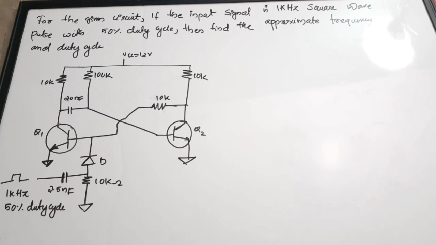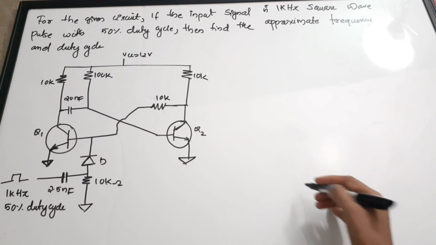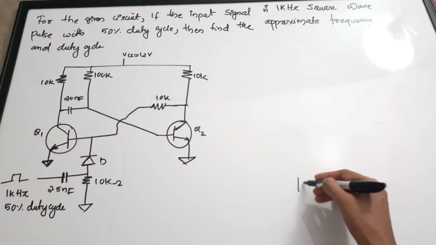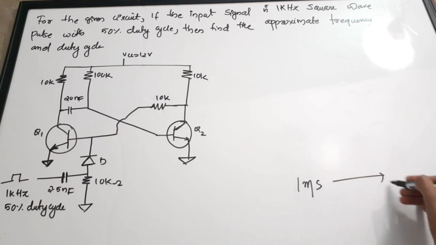I want to pass on some more ideas about the monostable multivibrator. These monostable multivibrators are most commonly used as delay elements, or as pulse stretcher circuits. That is, if a question is asking, like, you have a 1 millisecond wave and want to stretch it to a 1 second wave, what circuit can we use?